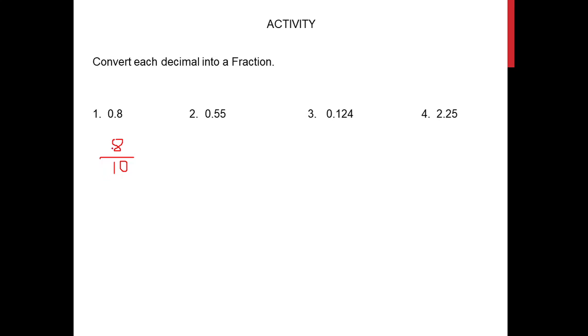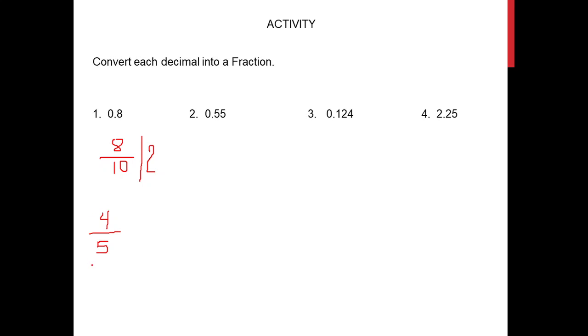How? Can we divide this one by 2? Yes, we can. Let's start. So let's divide both sides by 2. 8 divided by 2 gives us 4. 10 divided by 2 gives us 5.